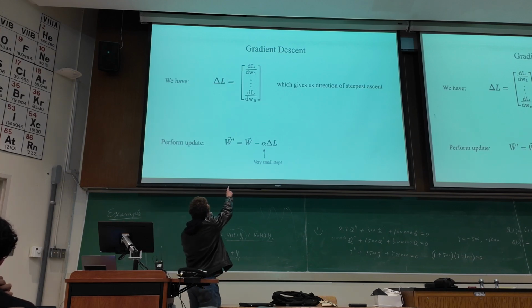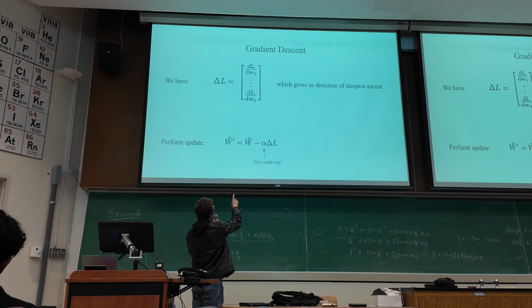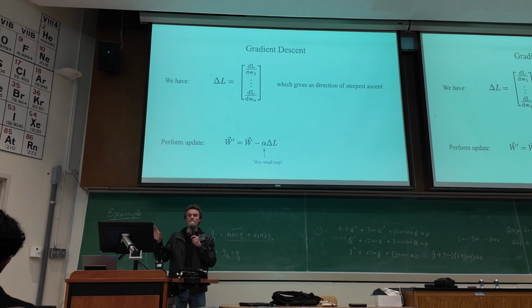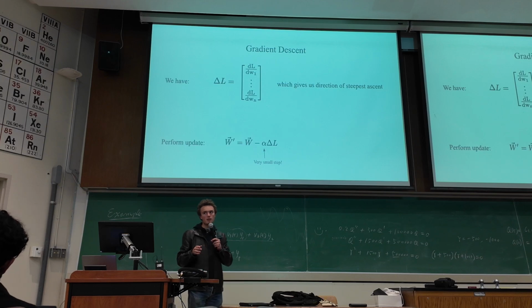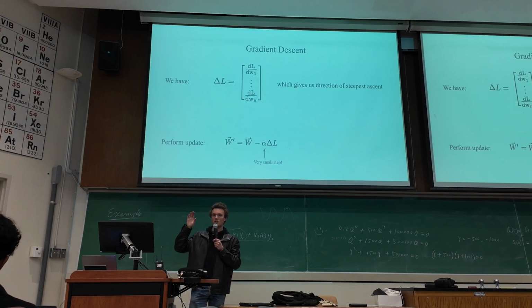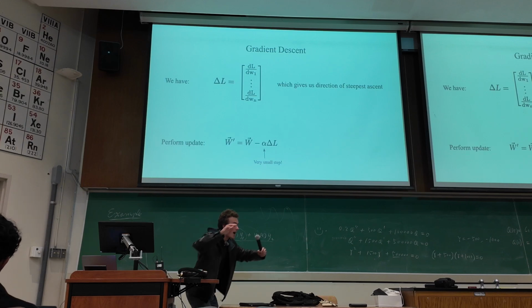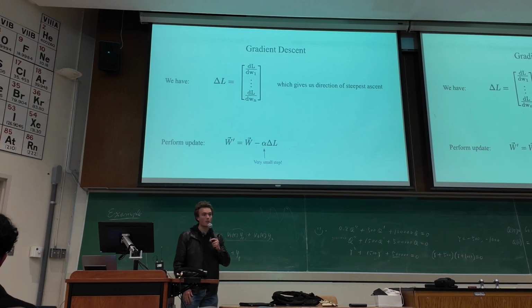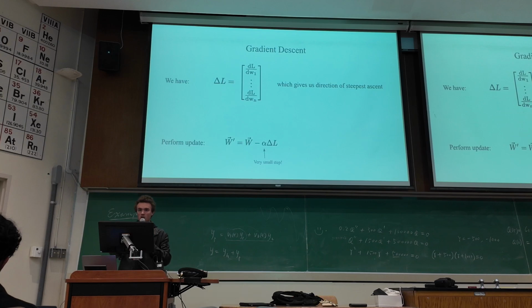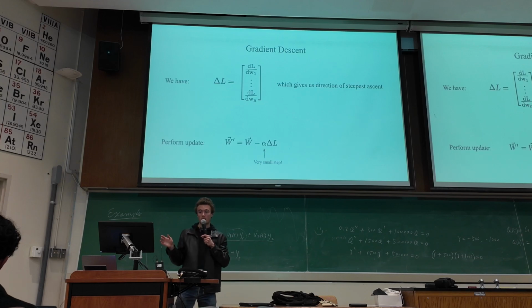So we include this alpha, which is essentially a learning rate. What we're saying is that each time we make an update, we only want to make a very small update. Meaning we don't want to look at the direction that's steepest and just dive off of the function and hope that we end up somewhere super low, because it may be that actually we're diving straight into somewhere that goes up, right? That's very noisy.